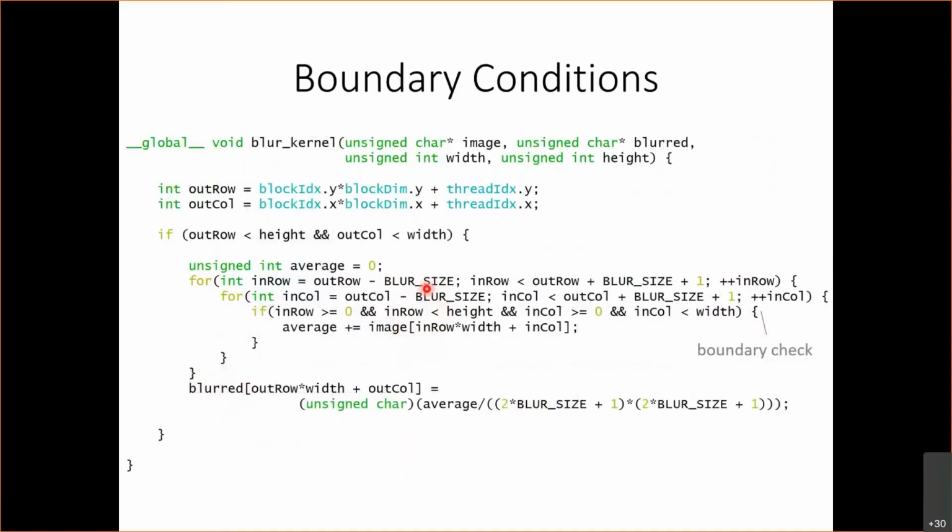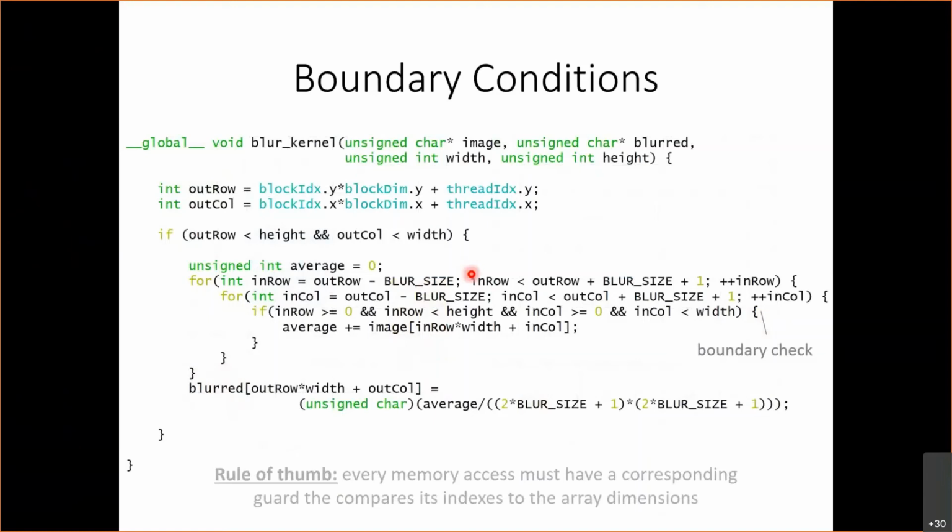So this is the code that we just wrote, and a rule of thumb for boundary conditions is that every memory access must have a corresponding guard that compares its index to the array dimensions. I often say half of parallel programming is index computations and boundary conditions.